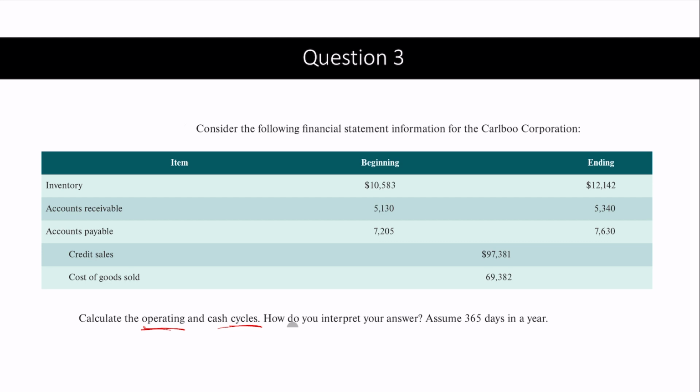And when we subtract the accounts payable period, then it is our cash cycle. So this is the way we're going to move forward. How can we calculate it? So once again, operating cycle is inventory period plus accounts receivable period, minus accounts payable period is our cash cycle.